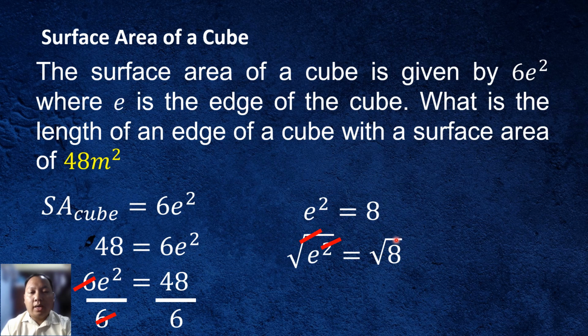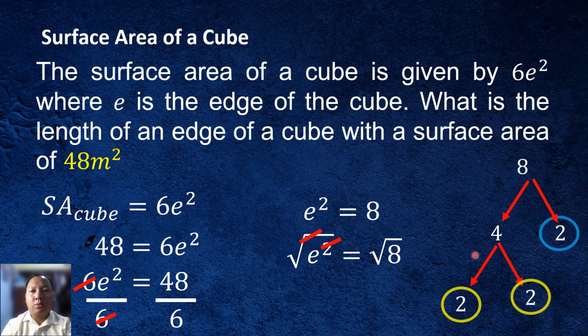Now, square root of 8 ay hindi pa simplified. So try natin i-factor. 8 is 4 times 2. And prime number na po yung 2, okay? So ipa-factor na lang natin yung 4. 4 is 2 times 2. Ngayon, lahat ng may partner sa labas at lahat ng walang partner sa loob.